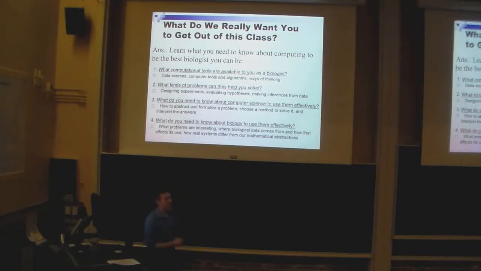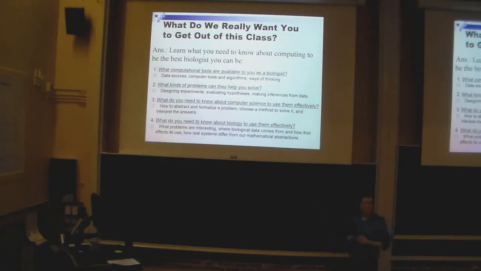We want you to understand what kinds of problems these tools can help you solve. And to a large degree, this is again going to be problems that we think those of you working primarily in experimental biology will be solving, but where computational tools have become a very key part of how every biologist, experimental or not, is doing biology today.